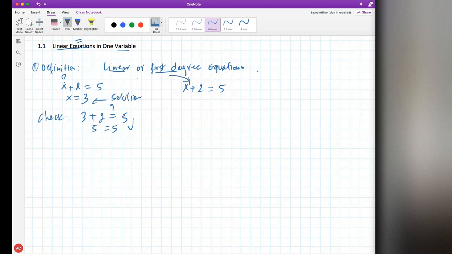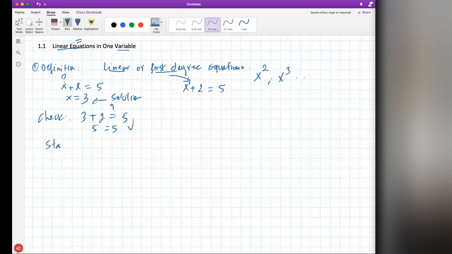We're going to see later this semester how to solve equations with power 2, power 3. We call these quadratic, cubic equations. But today, we're only going to talk about first degree: 1 degree, 1 variable, just x, and the power is 1. So that's basically what first degree equations are.